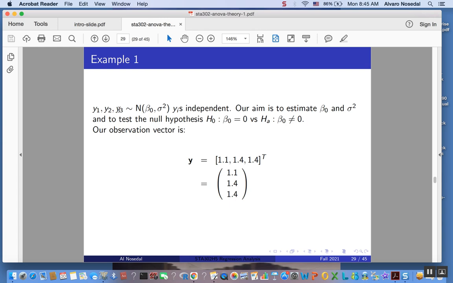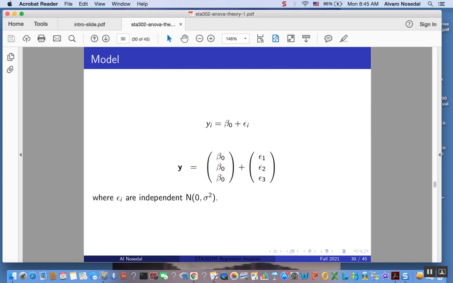Now let's talk about the kind of linear model we're dealing with here. This linear model leads to the assumptions that we have on the previous slide.